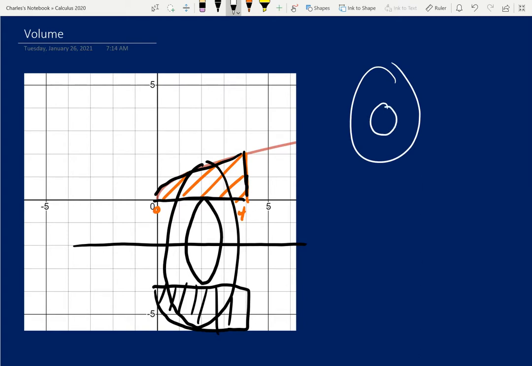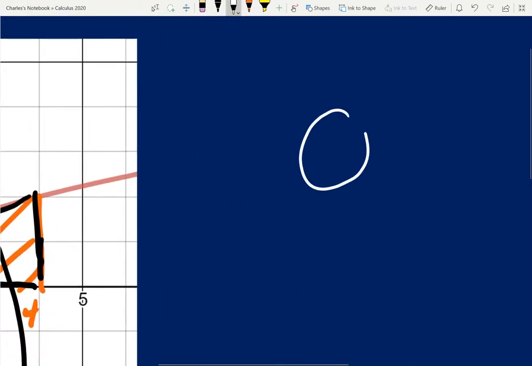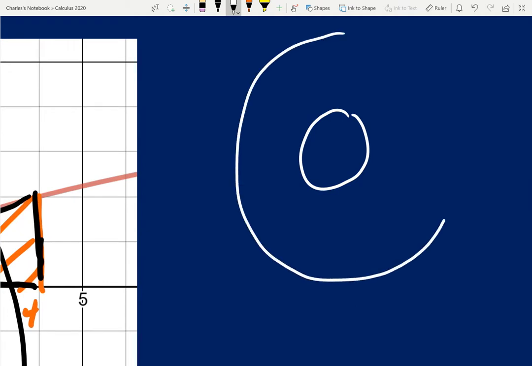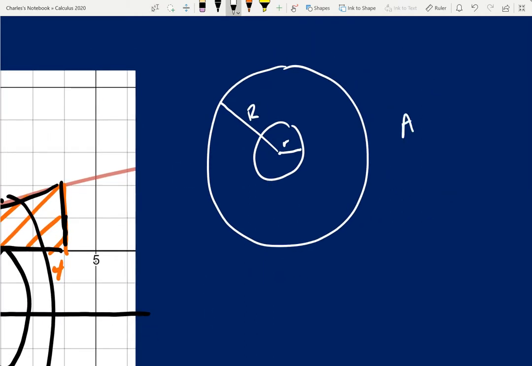So if I have a washer, let's make it a little bit bigger, how do I find the area of the washer? Well, a washer has a big radius and a little radius, and I'll use the little radius as the lowercase r and the big radius as capital R. So the area of a washer is pi times big R squared minus r squared.